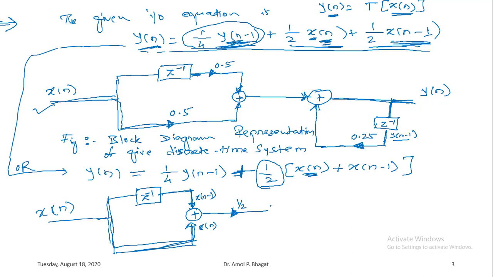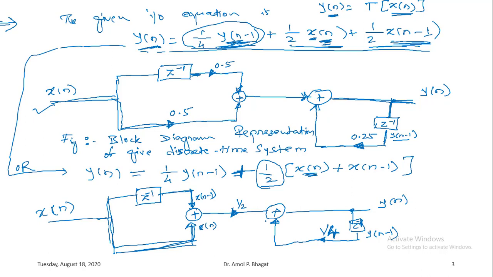On the output side, again I have to feed this output back into the system to get its delayed version, that is the previous output. So I will use z inverse here, and it produces the output y of n minus 1. This y of n minus 1 is multiplied with the constant 1 by 4, giving 1 by 4 multiplied by y of n minus 1, and then it gets added with the remaining terms.